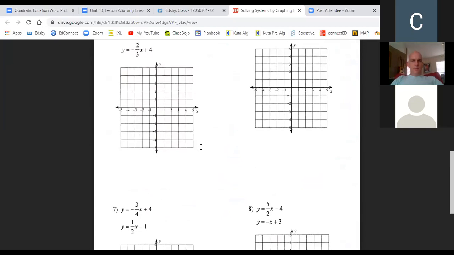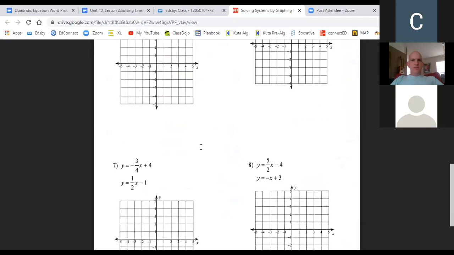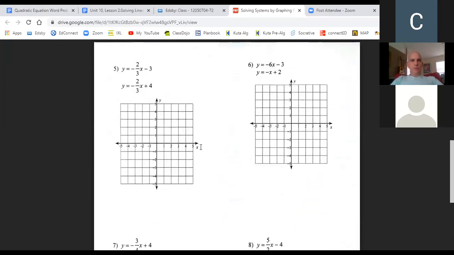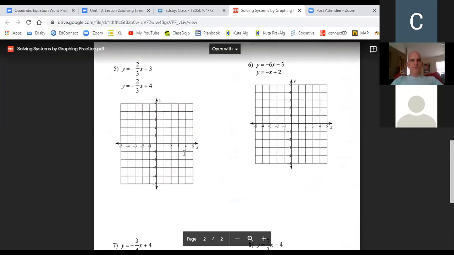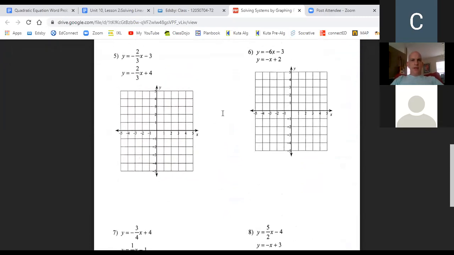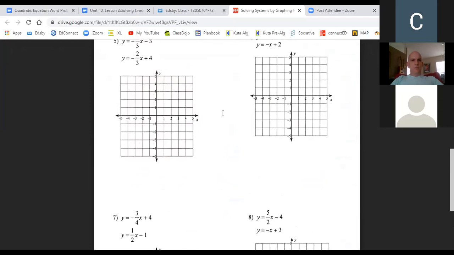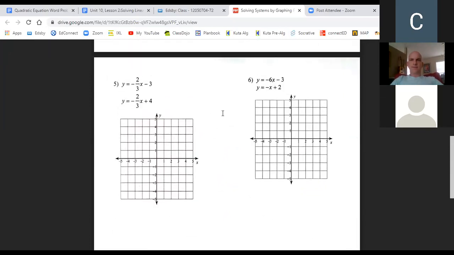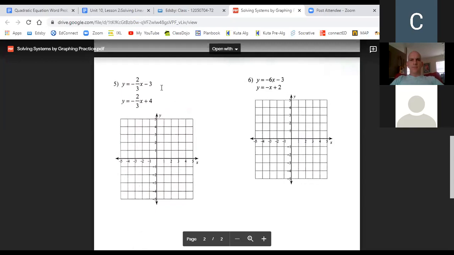We're only doing 7 problems, so please make sure to skip number 5 here. Everything else should have a point where those lines will cross. And we'll talk on Wednesday of next week as to why number 5 would not give us a point where they cross.